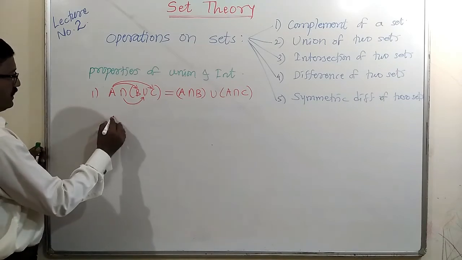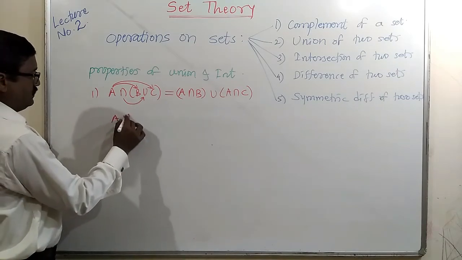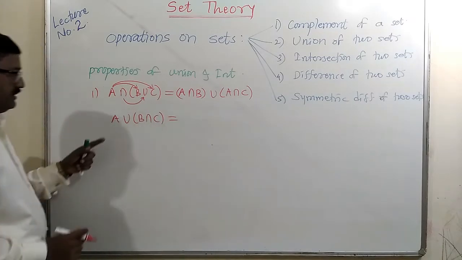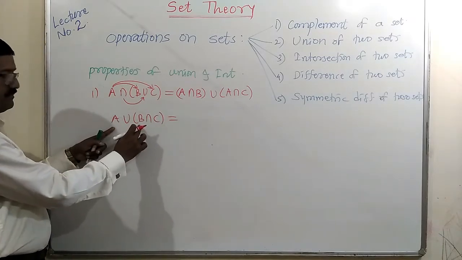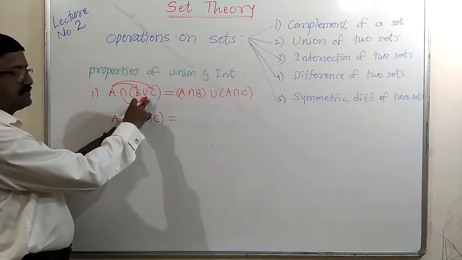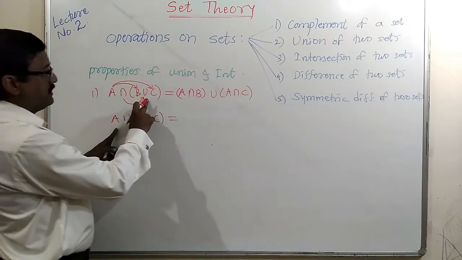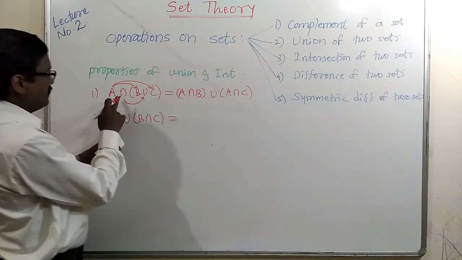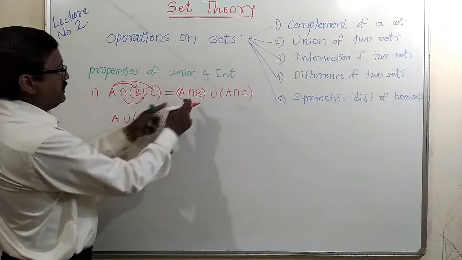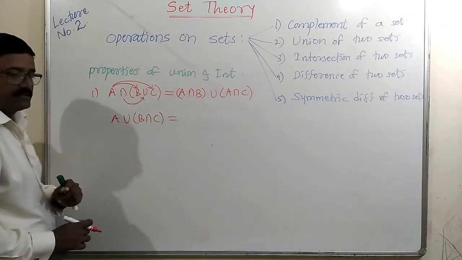Similar property can be written as A union (B intersection C). Then it will be (A union B) intersection (A union C). Means the symbol of union, which is in the bracket, comes outside, and the symbol of intersection, which is out of the bracket, comes in these two brackets.